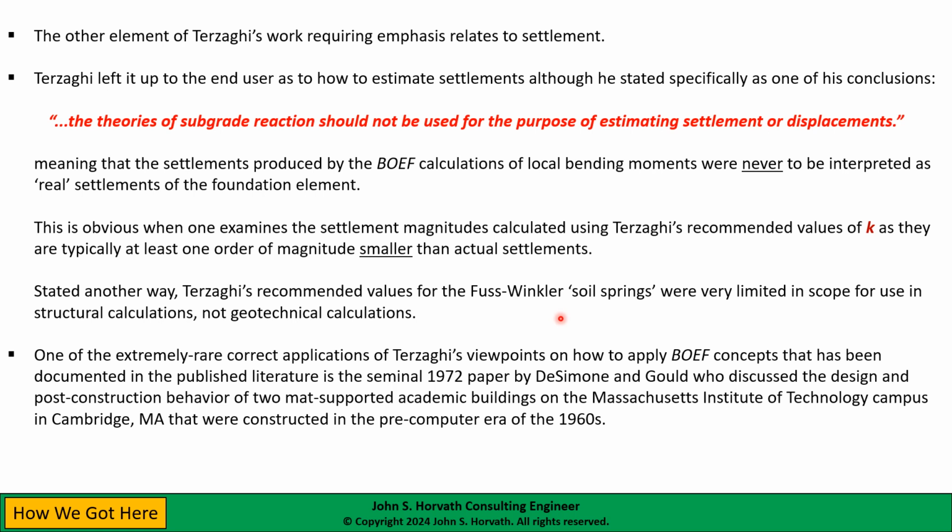It's really, I have to say, in my opinion, one of the genius papers that correctly understands what the beam on elastic foundation is useful for.